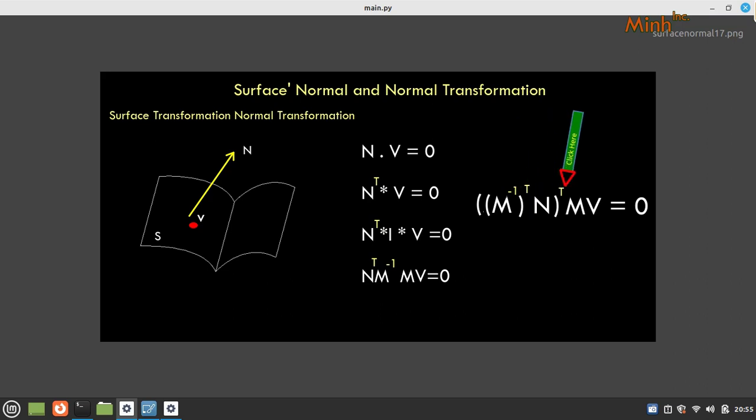So if I do transformation M on the surface, then the normal gets transformed by the inverse and transpose of the transformation that happens on the surface.